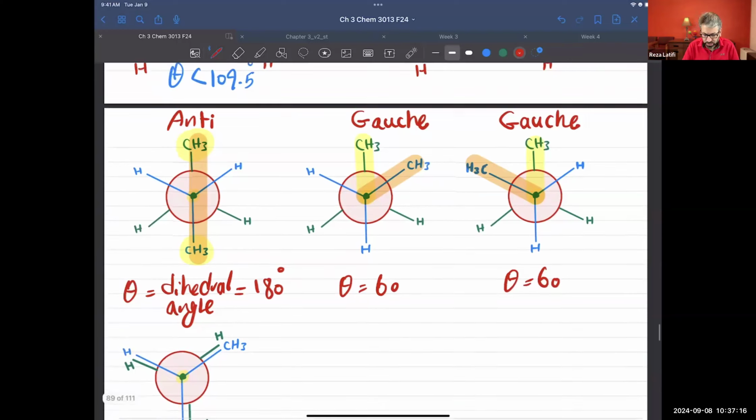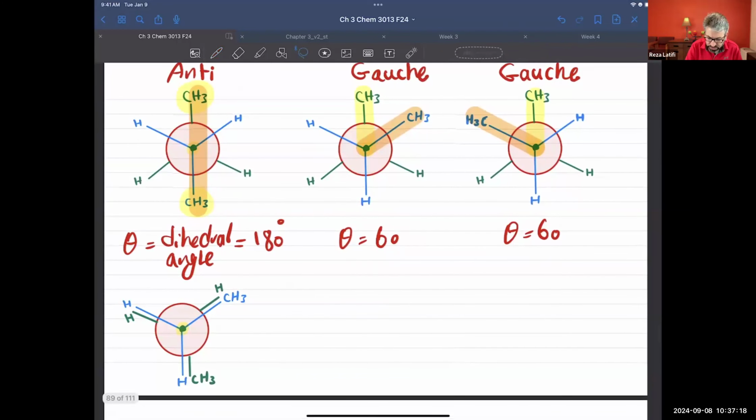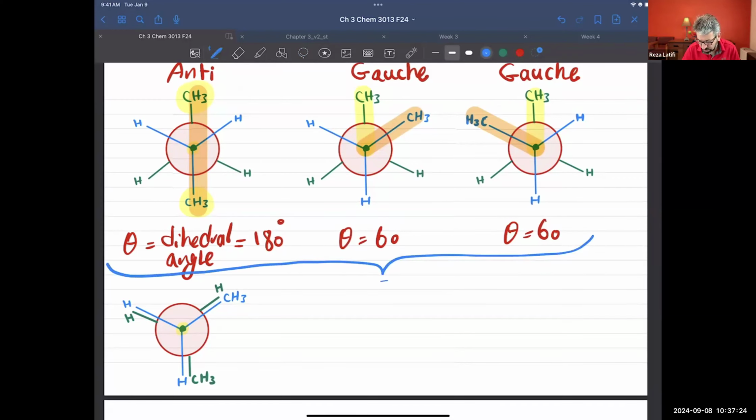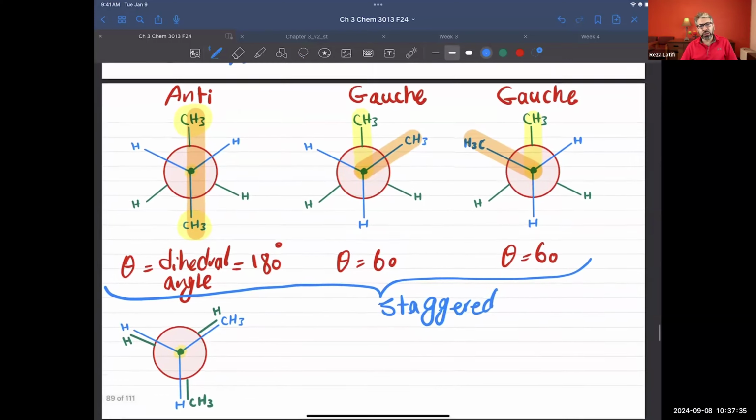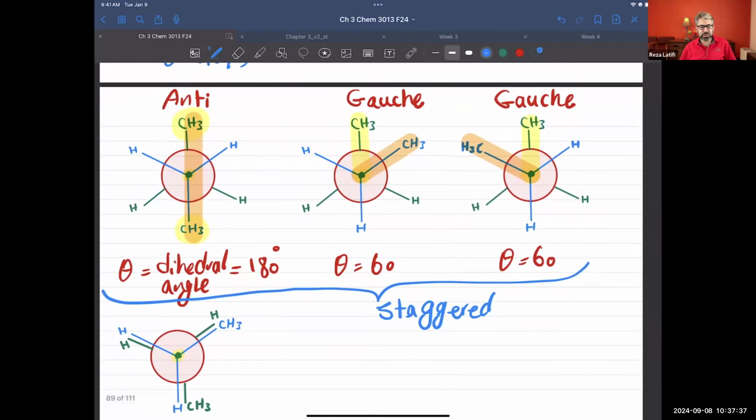Now, those three structures are staggered. And what's the meaning of staggered?